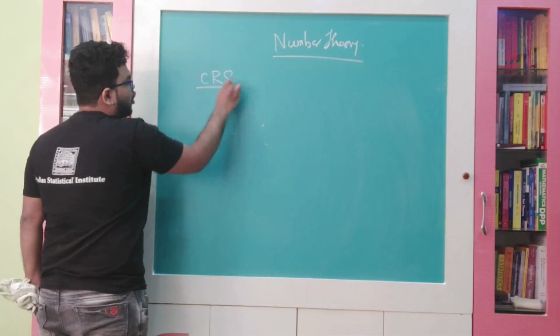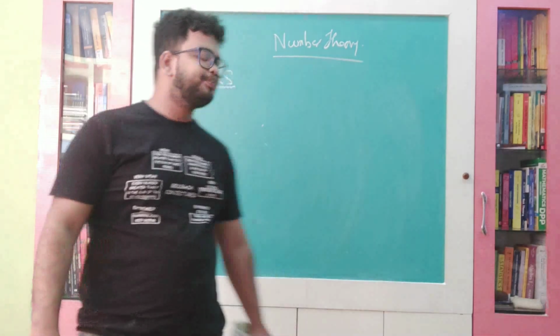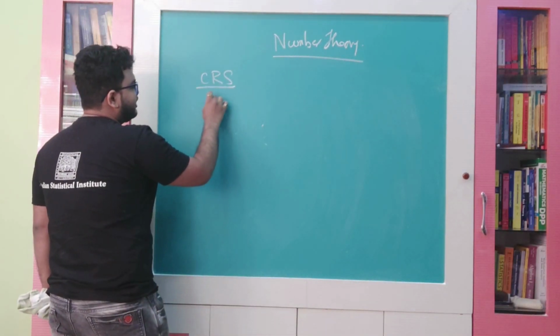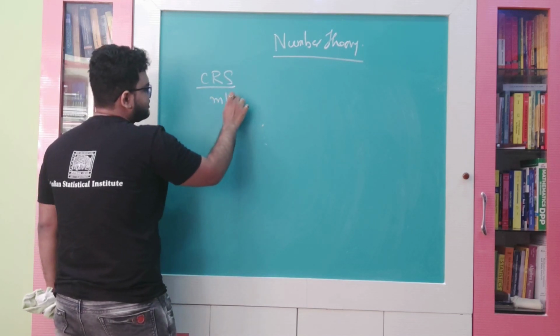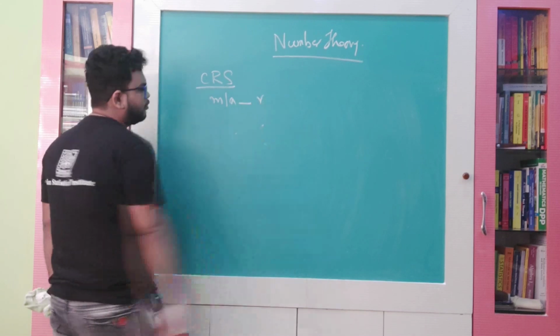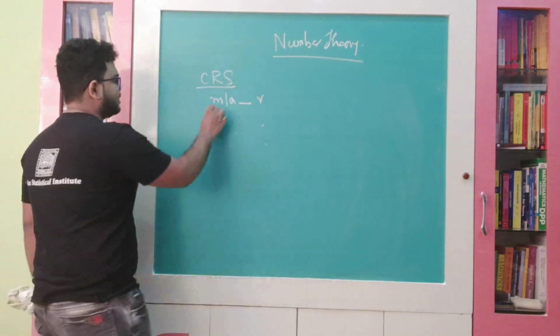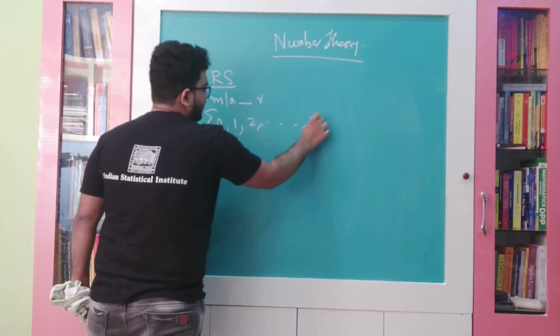CRS, complete residue system. What is a complete residue system? If M divides some integer A with some remainder R, what are the possible remainders R? The possible remainders R can be 0, 1, 2, up to M minus 1.